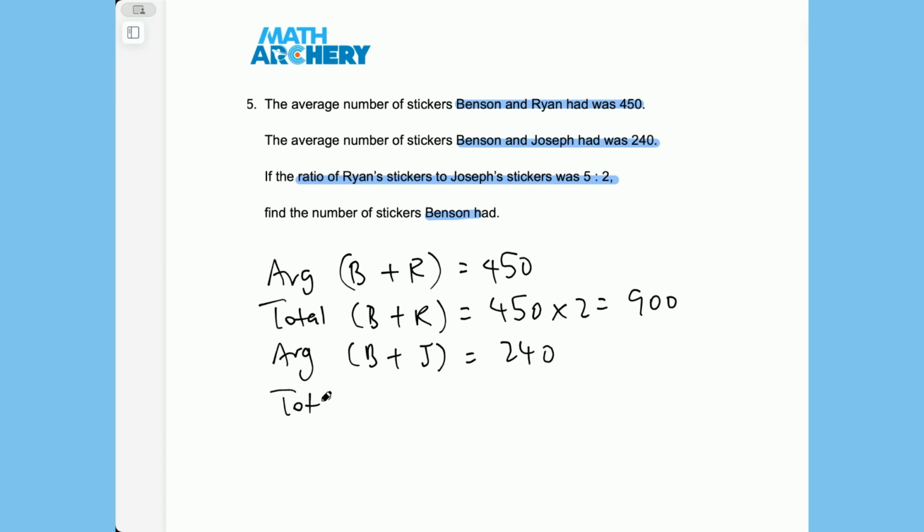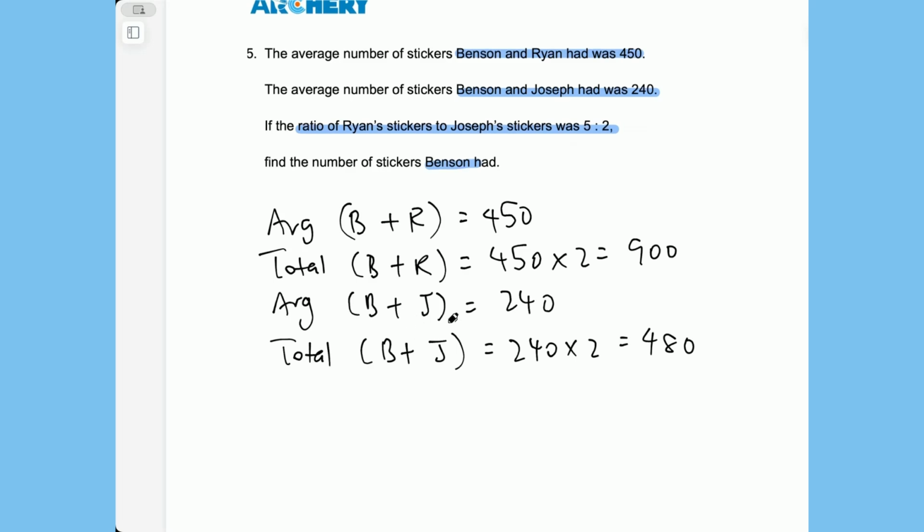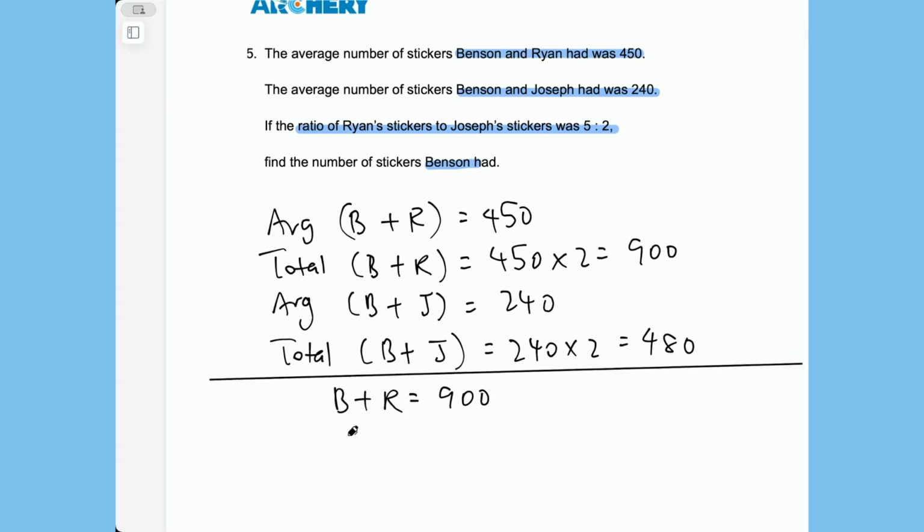Hence the total of Benson and Joseph, since there are 2 people, will be 240 times 2, which is 480. Now, likewise for question number 4, we have B plus R is 900, and we have B plus J is 480.